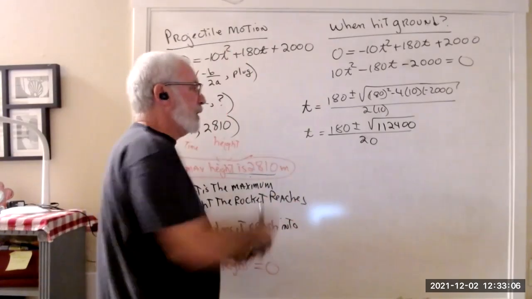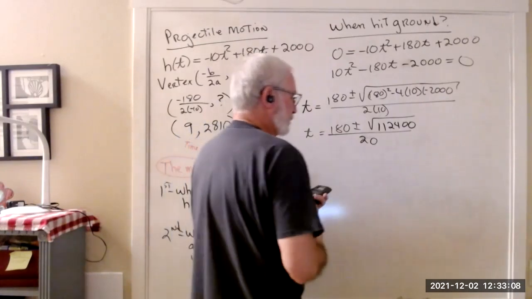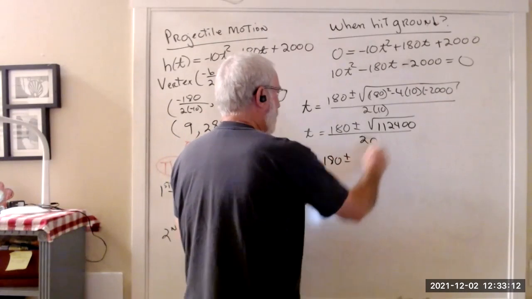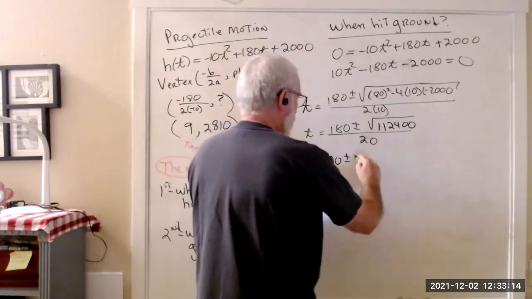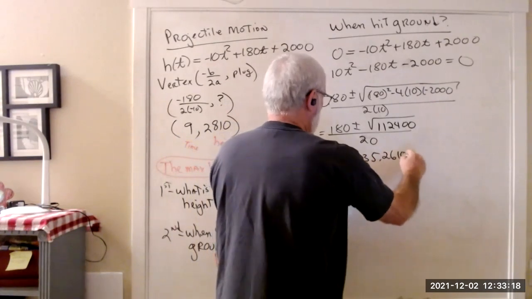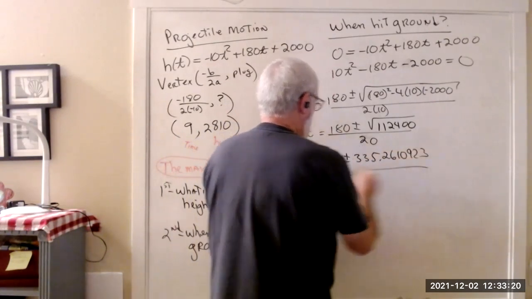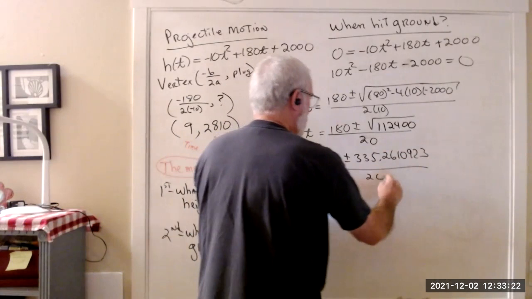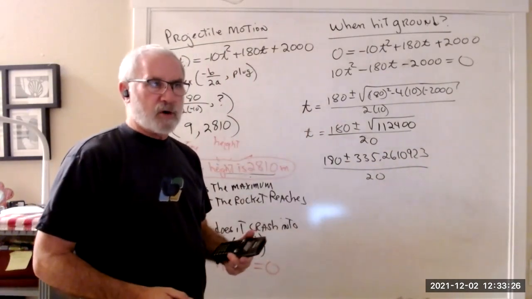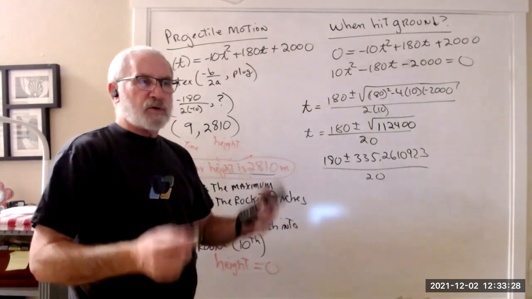Then I took the square root of this. So I have 180 plus or minus 335.2610923, all divided by 20. So I'm going to let my calculator do all that work. There's two problems here.